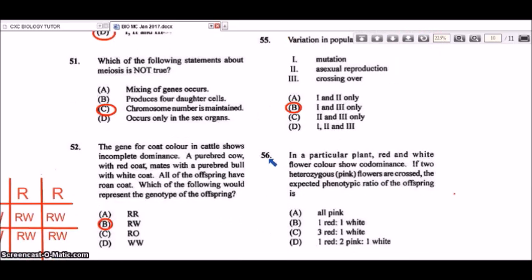Question 56. In a particular plant, red and white flower color show codominance. If 2 heterozygous pink flowers are crossed, the expected phenotypic ratio of the offspring is. So this is actually similar to the one with the coat color in cattle. So I'm going to show you the genetic cross.